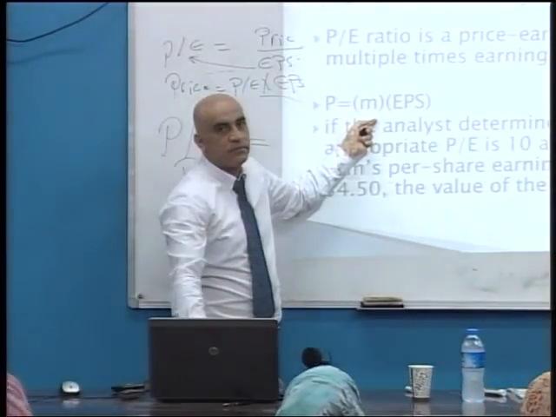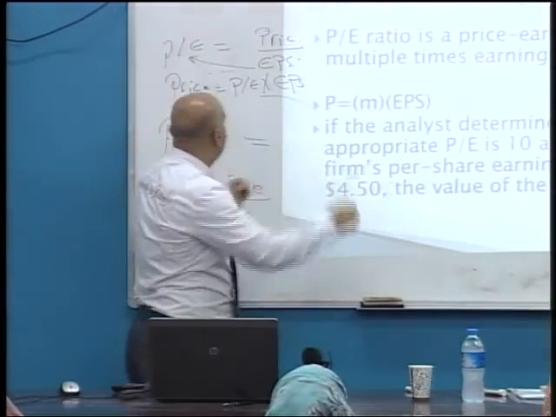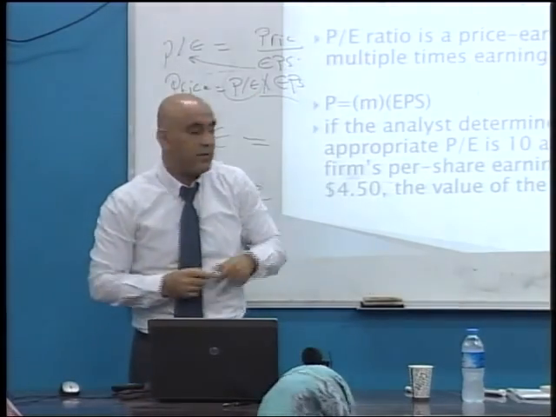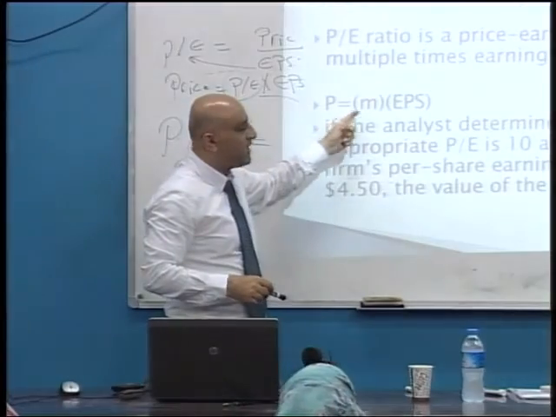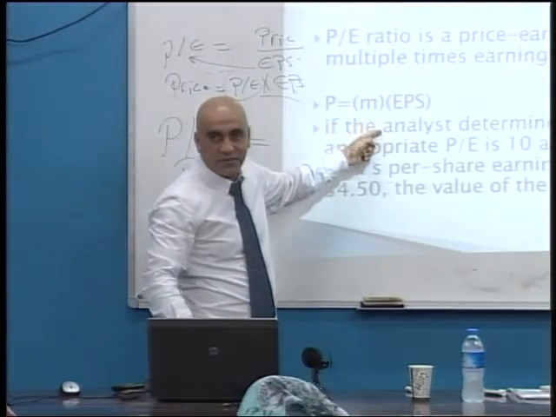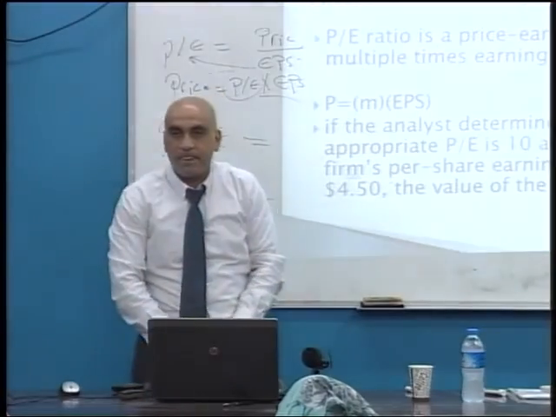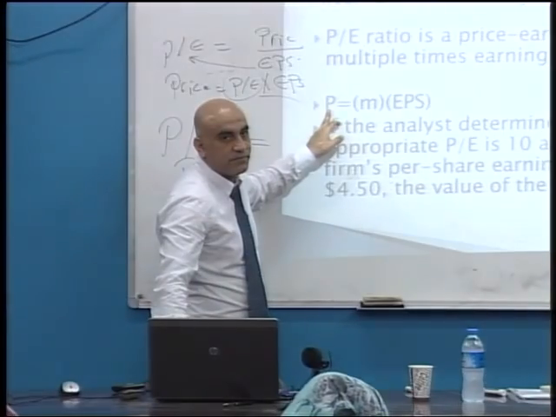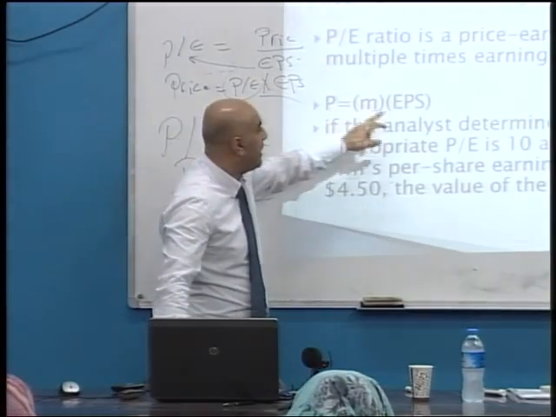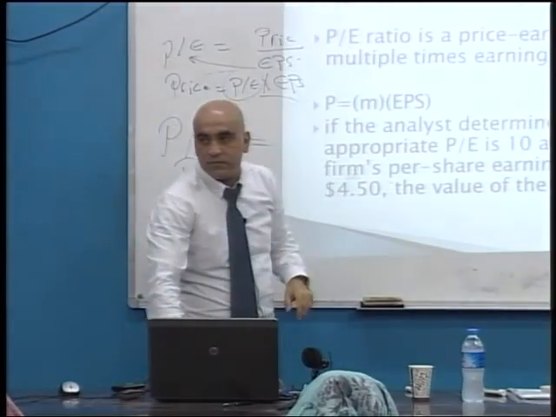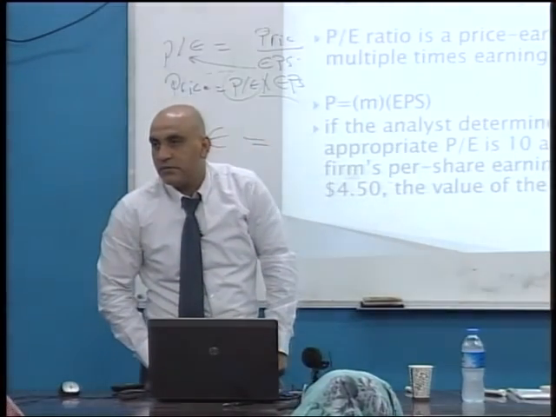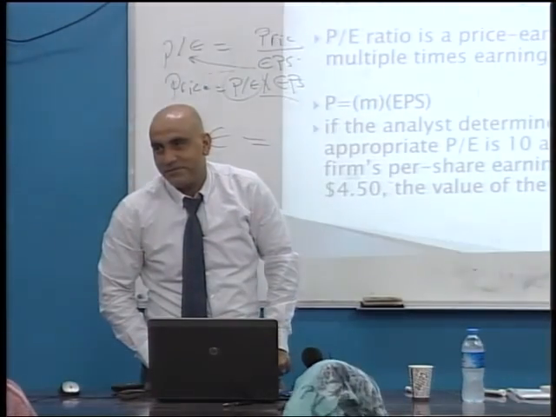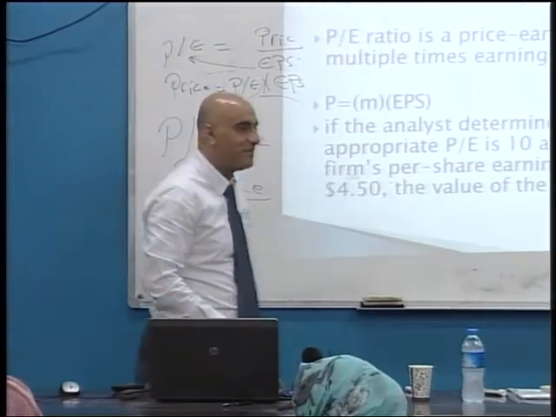The PE is considered as the multiple of the earnings, which is M. So the price is equal to M, which stands for the PE, times EPS. The higher the M, the higher the price.